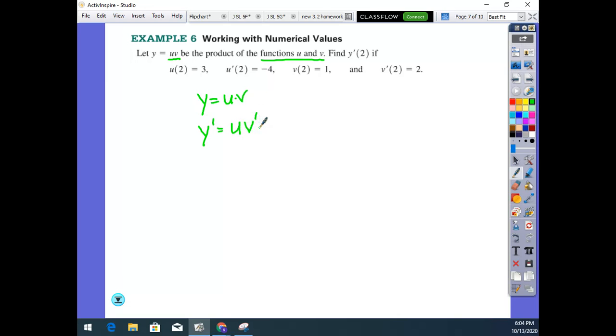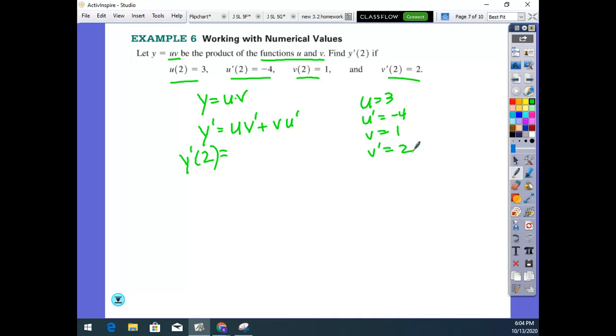U V prime plus V U prime. Then I can find the numerical value at 2. One thing that I sometimes do, I'm going to rewrite each of these. U is 3, u prime equals negative 4, v equals 1, v prime equals 2.